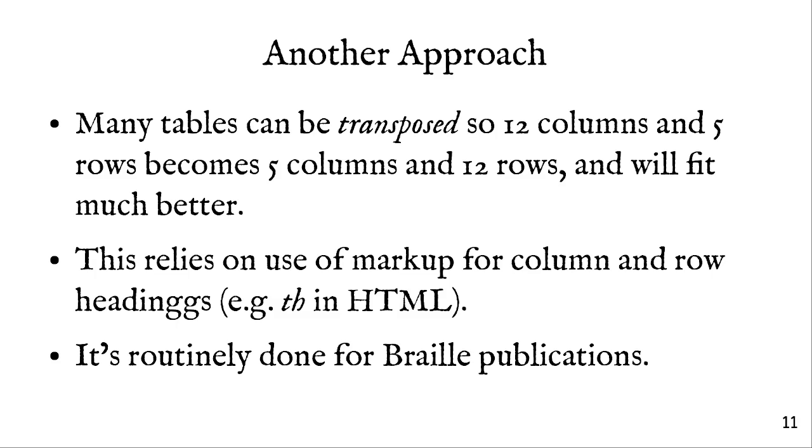This kind of transposition is routinely done for Braille publications, for accessibility, because Braille printers can't get as many characters per line as regular printers, so they often have to do this. So that's another approach for tables that don't fit. It may or may not be acceptable to the authors, of course, and the publishers.